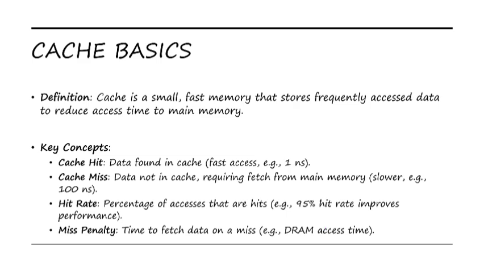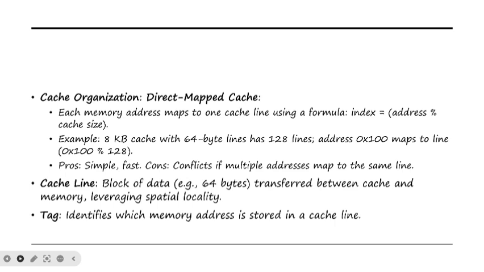So we're moving on to the next one, which is cache organization. With cache organization, each memory address maps to one cache line using a formula: index equals address, percentage sign, cache size.